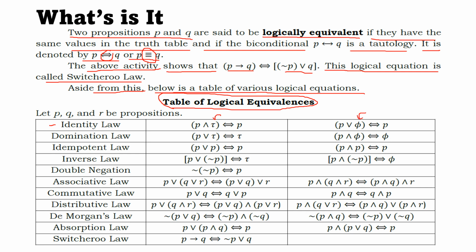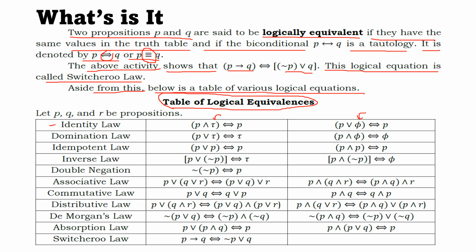Your identity law compares them to the equation. For example, x multiplied by 1 will be equal to x. The value of x is unchanged after multiplying by 1. So we call the number 1 the multiplicative identity for logical operations.